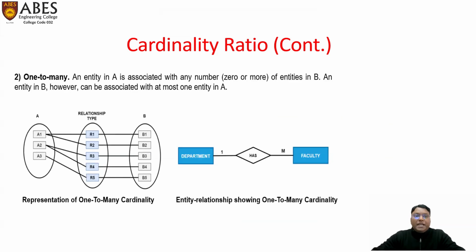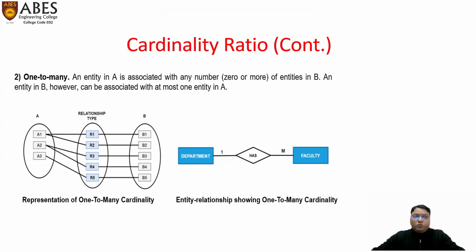One to many. An entity in A is associated with any number, 0 or more, of entities in B. An entity in B, however, can be associated with at most one entity in A. This can be easily understood with the help of an example. A department has m faculties. So the department is single, but it can consist of n number of faculties or m number of faculties.